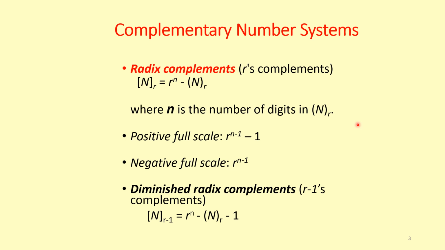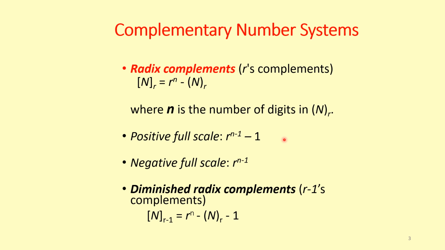Depending on how many digits we are using to represent the number, that is the width n of the number, it can represent only a few positive numbers and a few negative numbers. So if n is the number of digits you are using to represent the number, you can represent at most R to the power n minus 1, minus 1 as positive numbers. I will give an example. If you are using 4 bits to represent a number in the binary number system, then you can represent 2 to the power 3 minus 1, that means 7.